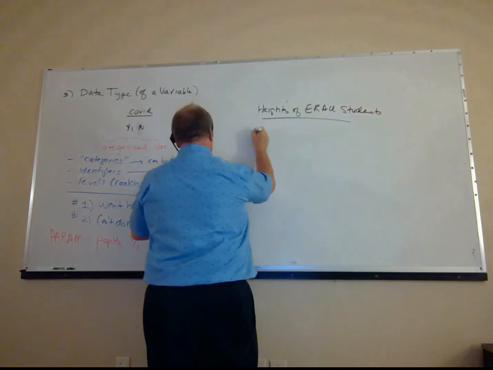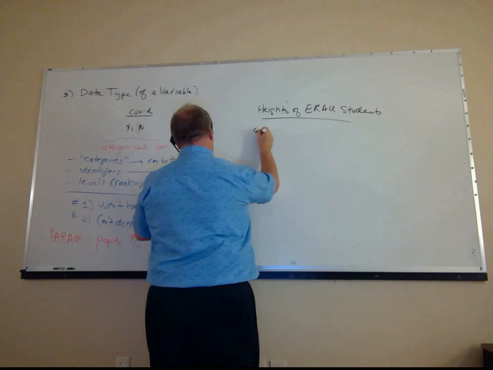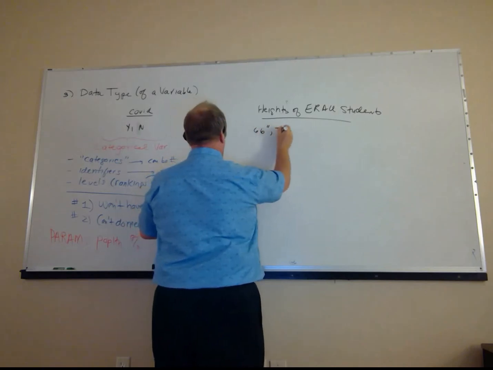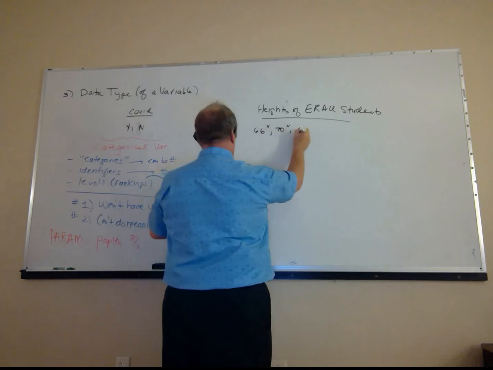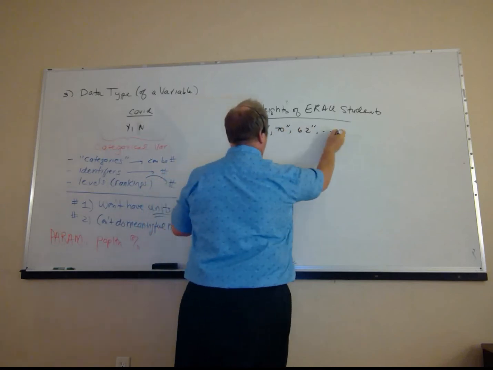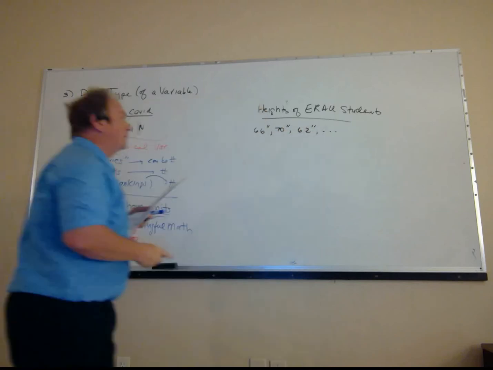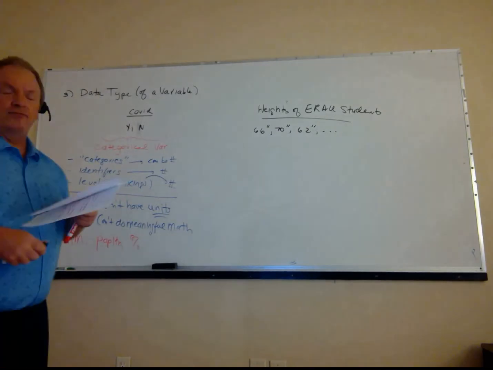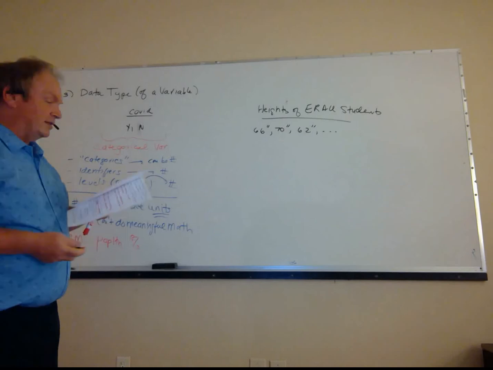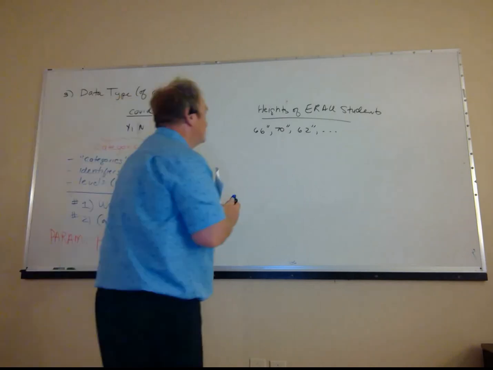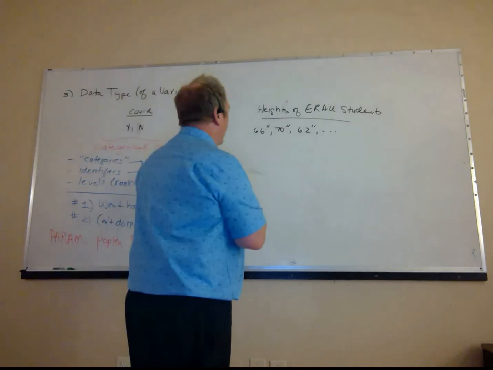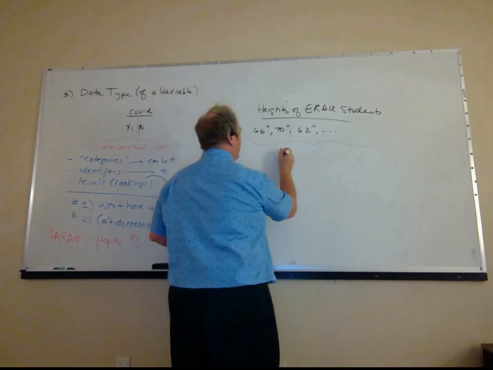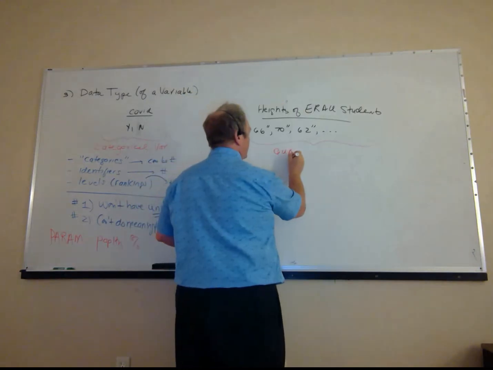I may have one student that looks like 66 inches, one that's 70 inches, one that's 62 inches, etc. And these type of variables are called quantitative variables. And the reason why, just as their name suggests, they're measuring the quantity of something.